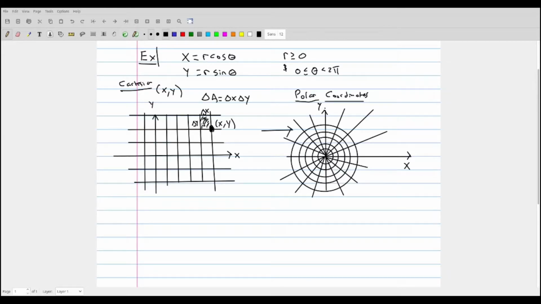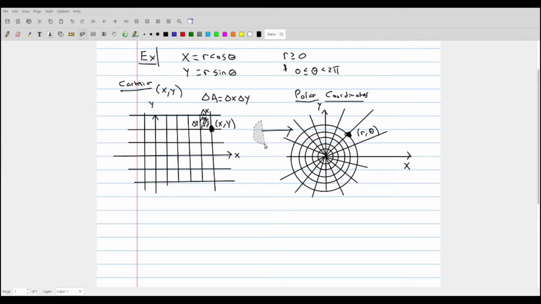So these two coordinate descriptions can be used to define the same point in general. Right, so any point x, y can be described in terms of Cartesian coordinates or in terms of its polar coordinates, its corresponding values of r and theta, and vice versa.